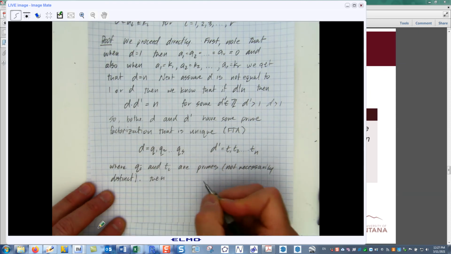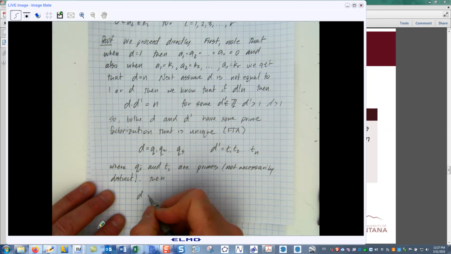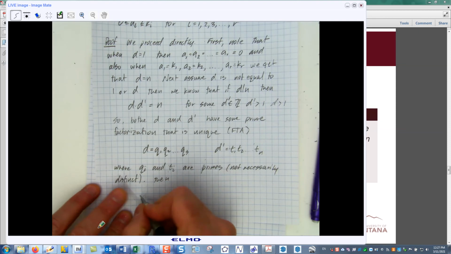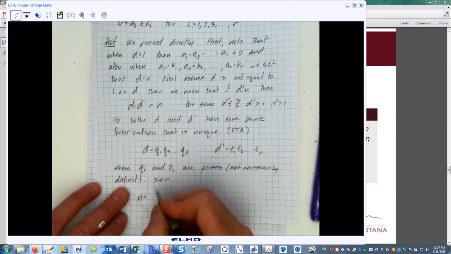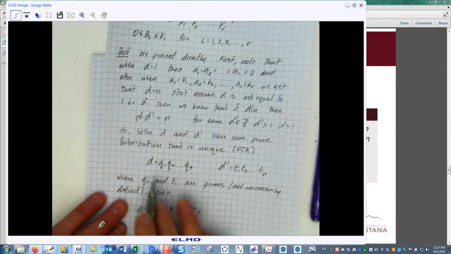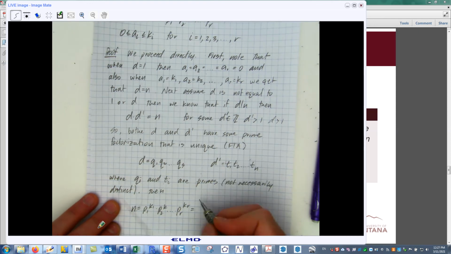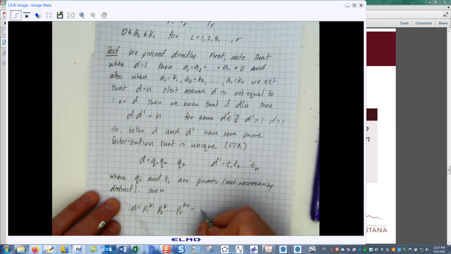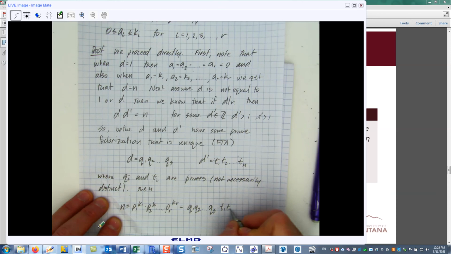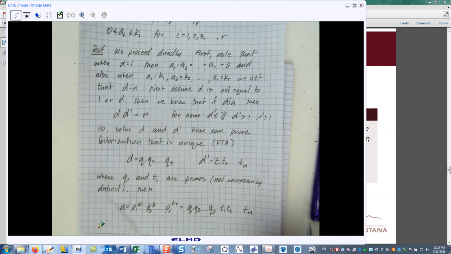So then what we get here is that n, which we're told is p_1^k_1 times p_2^k_2 times all the way up to p_r^k_r, also has to be equal to the product of these two: q_1 times q_2 times all the way up to q_s times t_1 times t_2 all the way up to t_n.